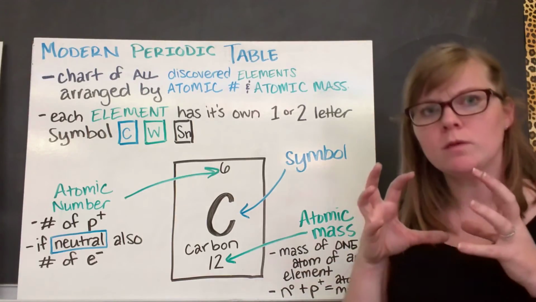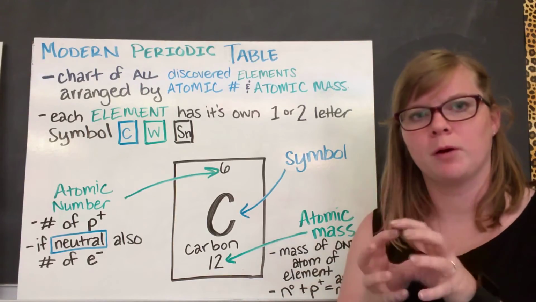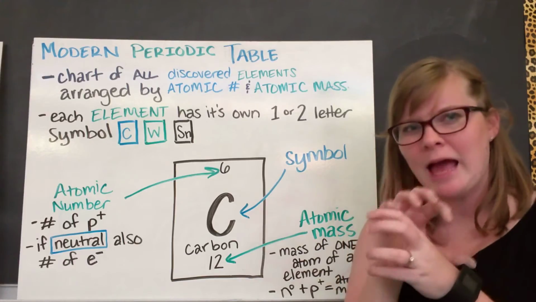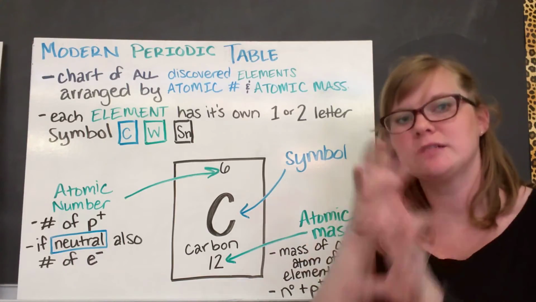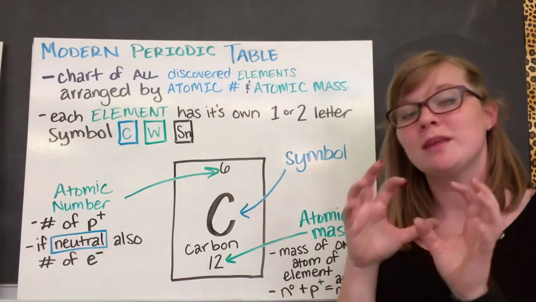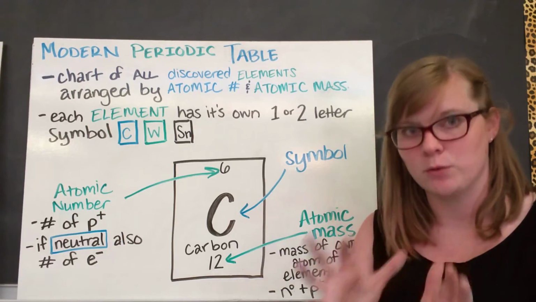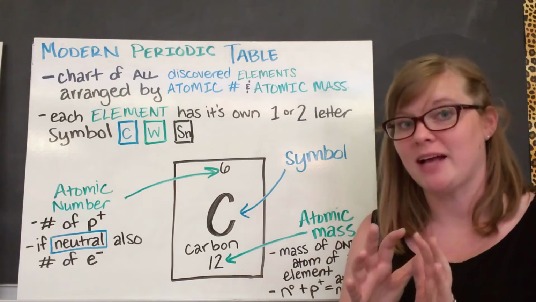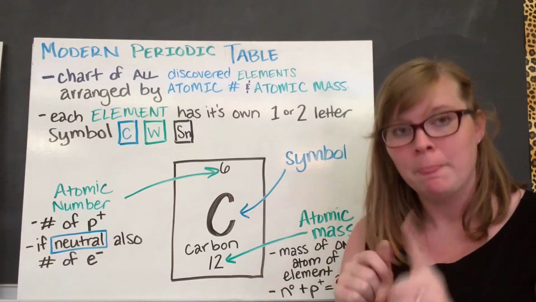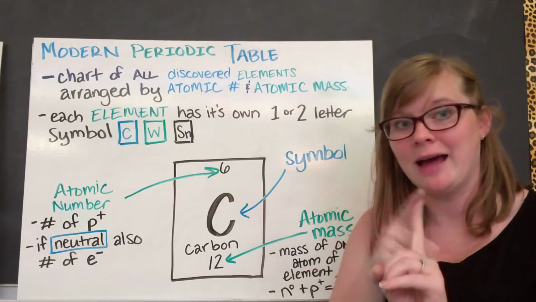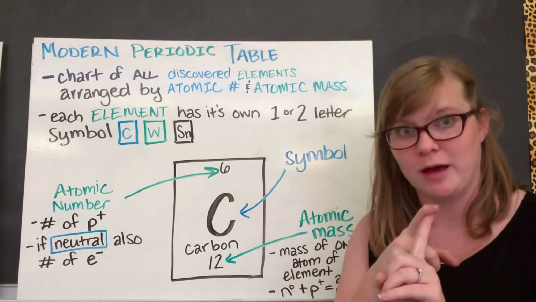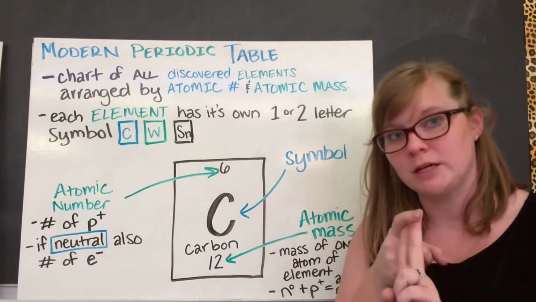So we talked about when we've got our parts of the atom, that big heavy nucleus, and the electron cloud is light and fluffy, right? So the electron cloud is so lightweight that we can essentially assume its weight is 0, which means the atomic mass, the mass of one atom of an element, is going to be however many neutrons you have, plus however many protons you have.